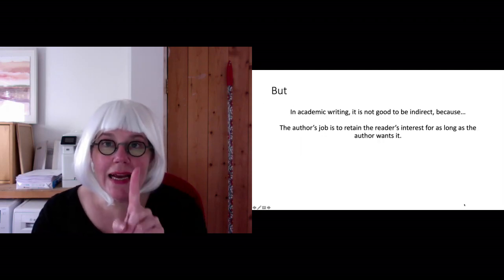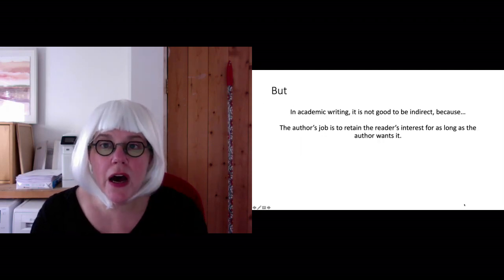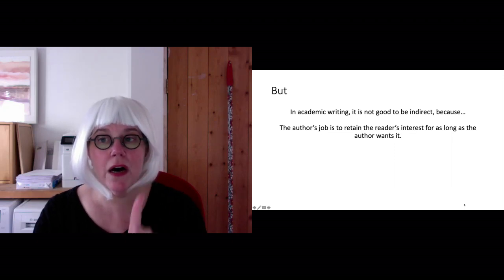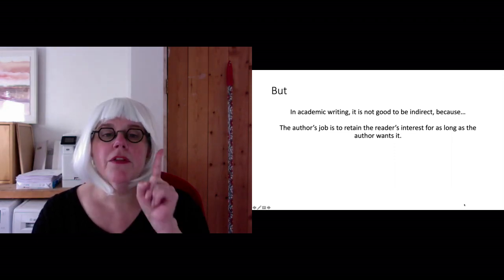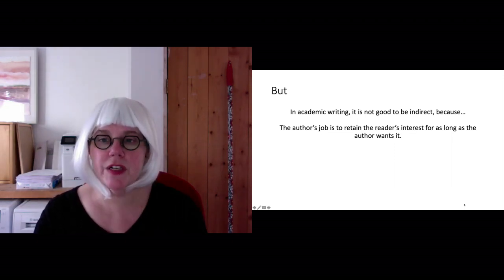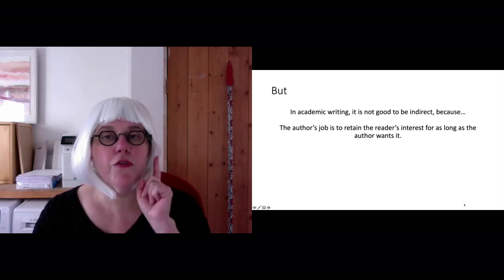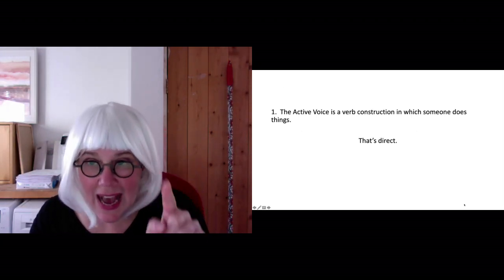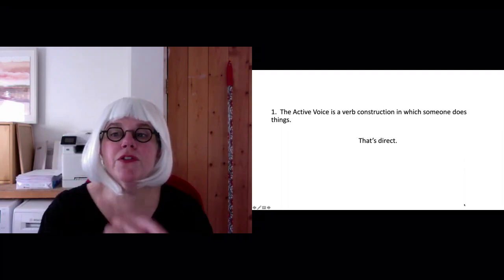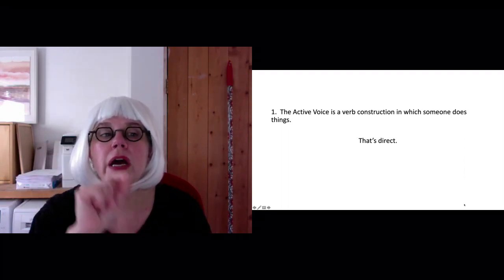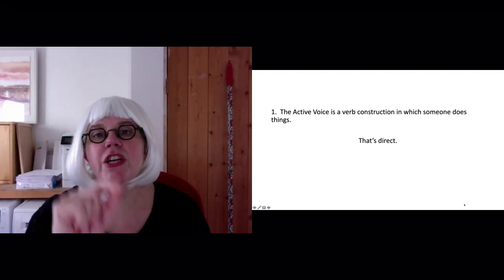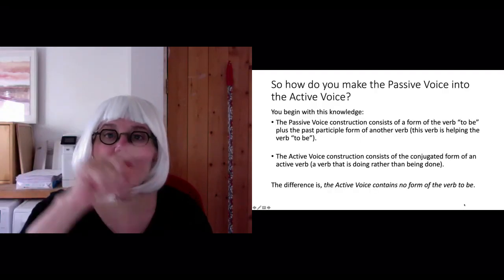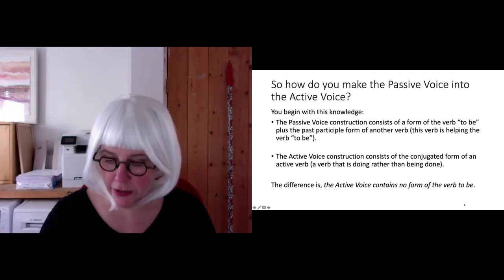But in academic writing, it is not good to be indirect because, as you remember, the author's job is to retain the reader's interest for as long as the author wants it. And the active voice is a verb construction in which someone does things, which is direct, which does retain the reader's interest.